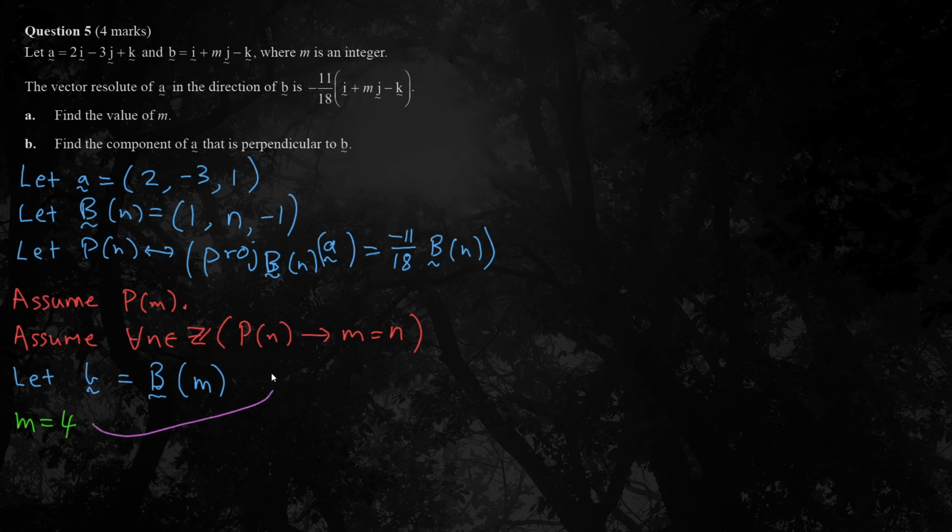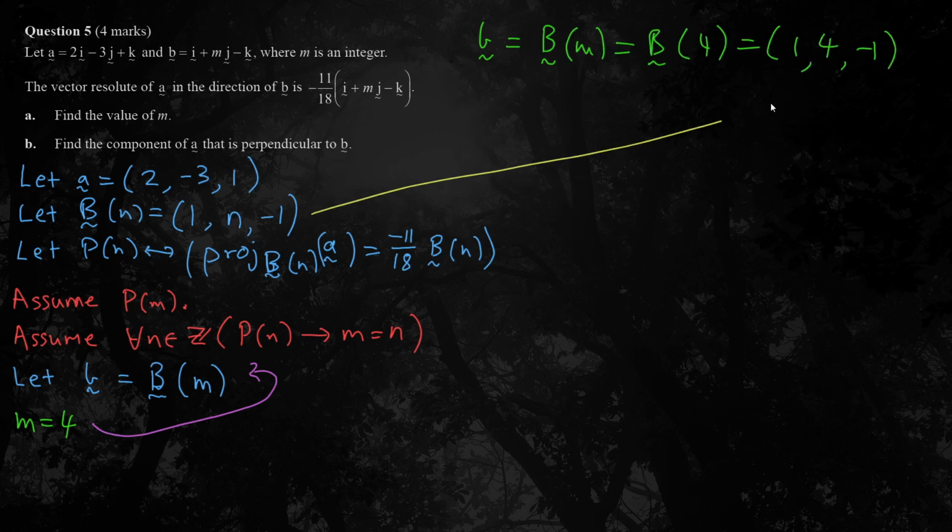And in fact, that is helpful because it tells us what b tilde is. So in particular, b tilde equals capital B tilde of m, which is capital B tilde of 4, which is 1, 4, negative 1. And that just came right from the formula for capital B tilde.